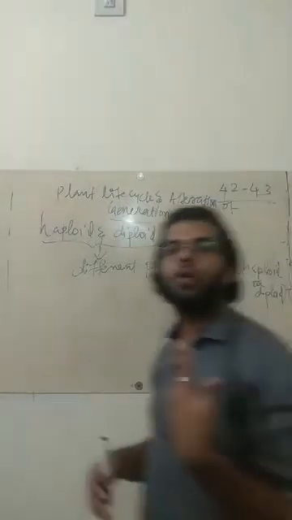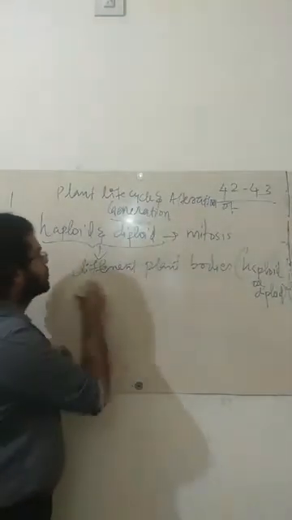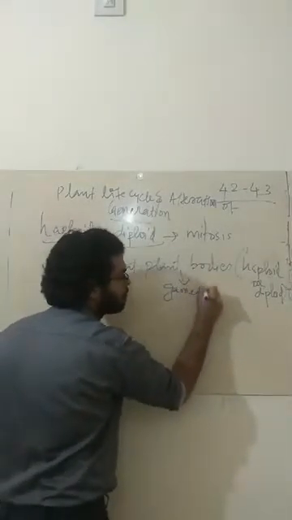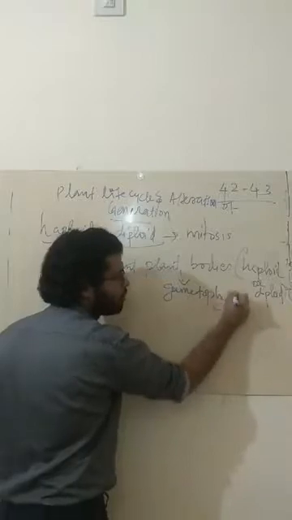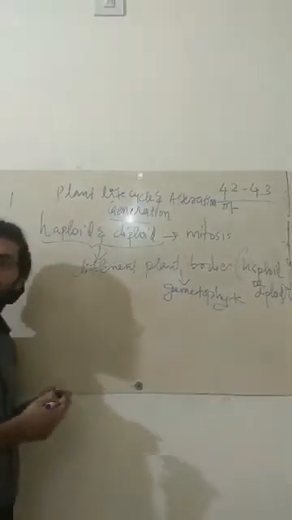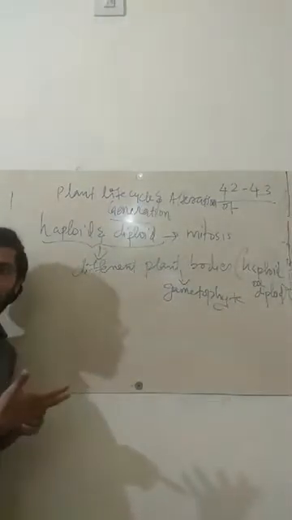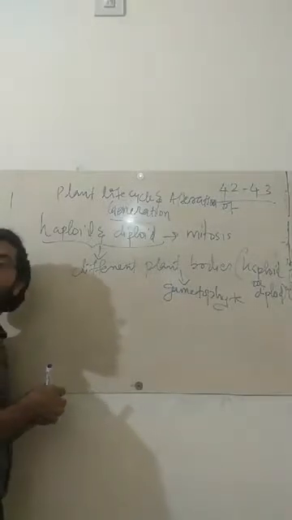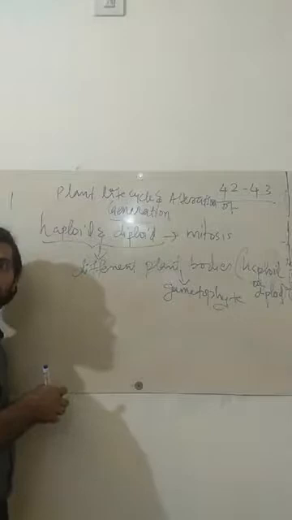The plant body will represent a gametophyte. We already said about this, isn't it? Following fertilization, the zygote divides by mitosis to produce a diploid sporophytic plant body.